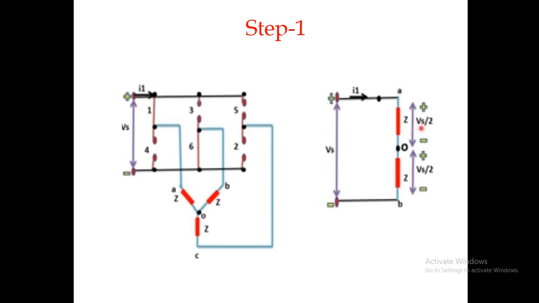One more thing is that positive group switches are associated with the positive voltages, that is Vs by 2. Negative group switches are associated with the negative voltages, that is minus Vs by 2. Suppose in this case the thyristor switch 6 is in on condition, then the voltage across 6, in this portion from O to B, will be the negative value.